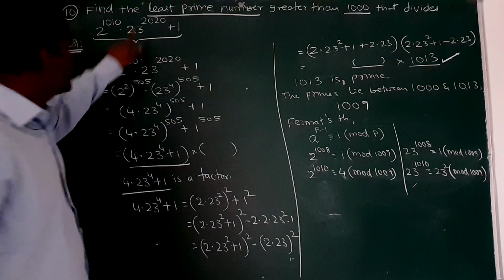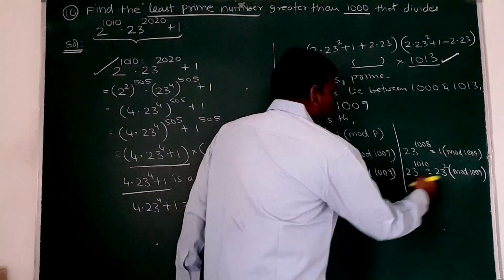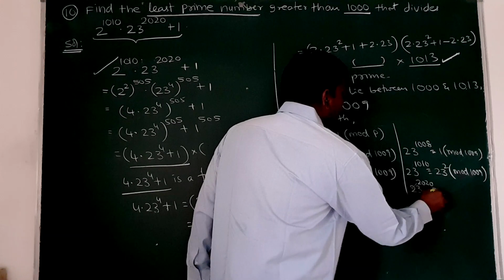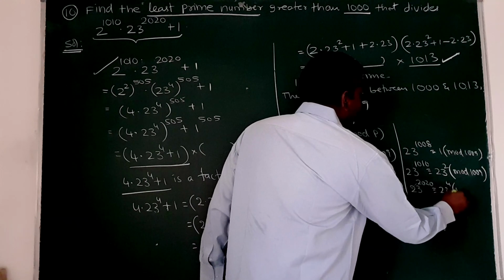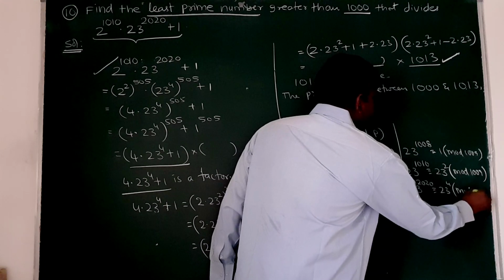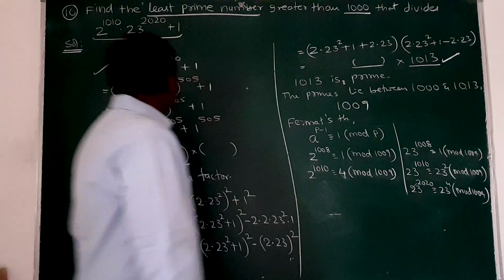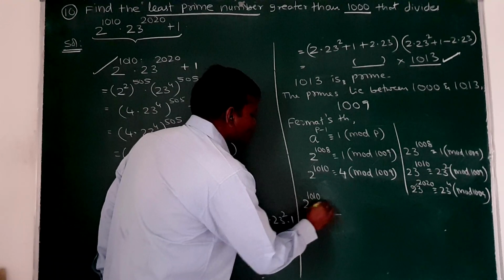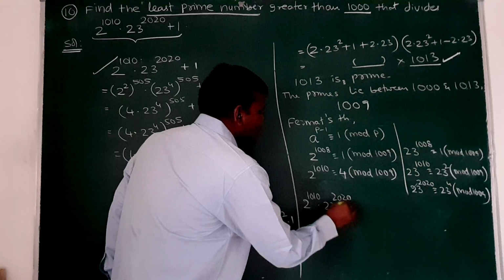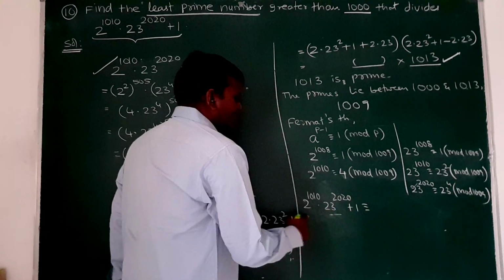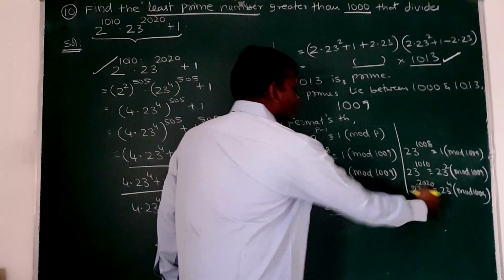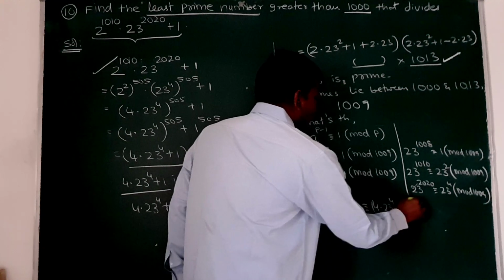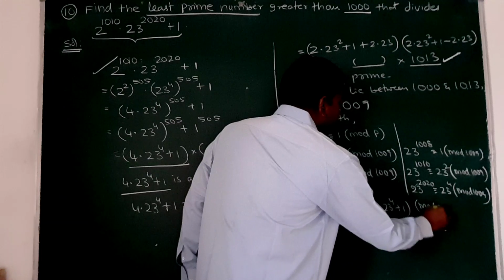But here I want 23 power 2020, that is squaring on both sides. Squaring on both sides, I am getting 23 power 2020 is congruent to 23 power 4 mod 1009. So this sum, that means 2 power 1010 into 23 power 2020 plus 1, is congruent to 4 into 23 power 4 plus 1 mod 1009.